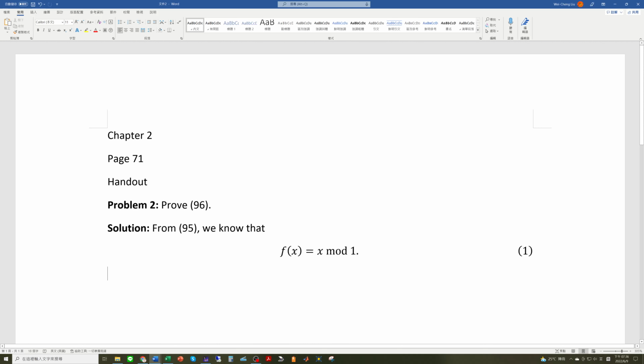From equation 95, we know that f of x is equal to x modulo 1.